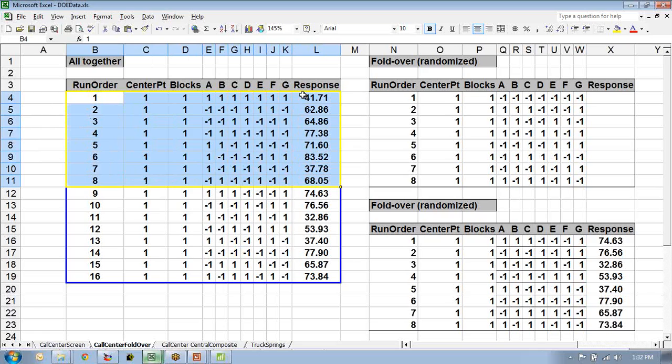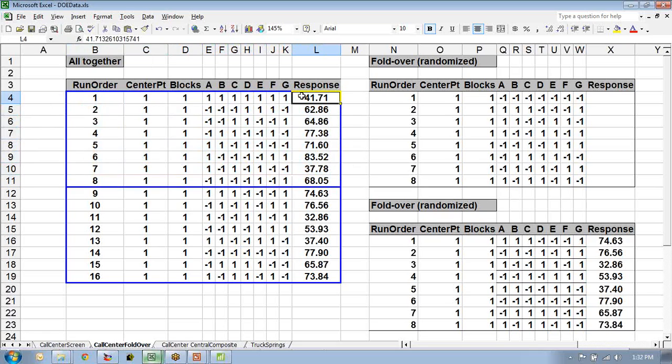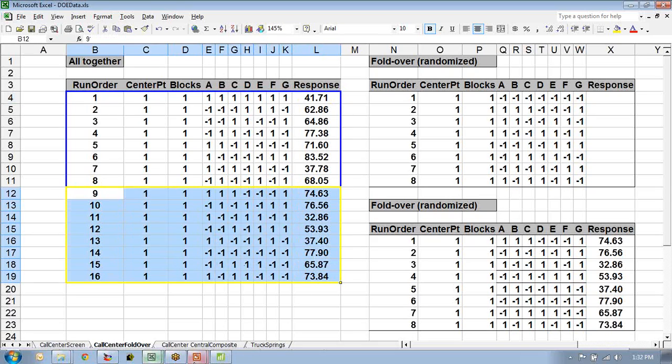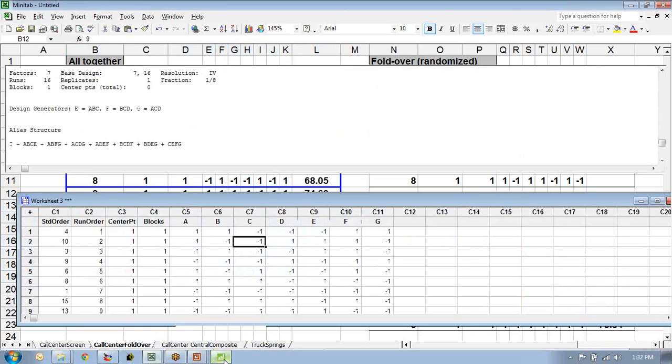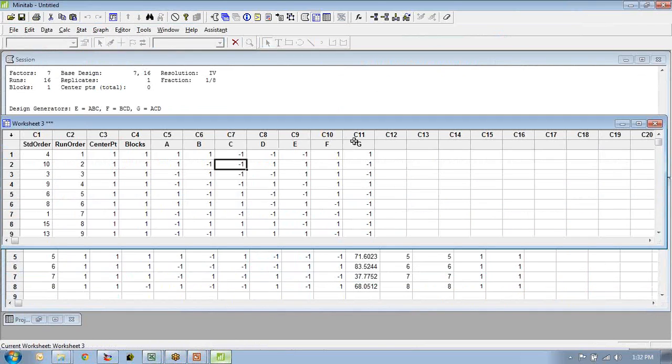A 2 to the 7 would be 128. So there's lots of blocks of 8 in there. And essentially all we would have to do is find another block of 8 that's in that 64.